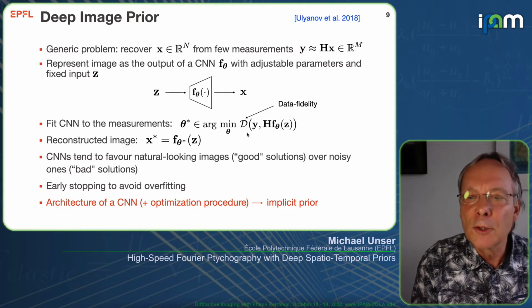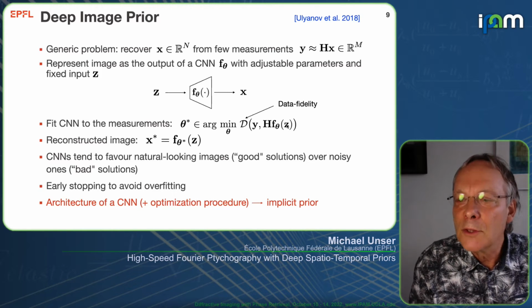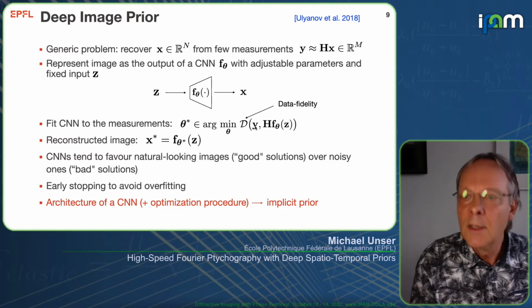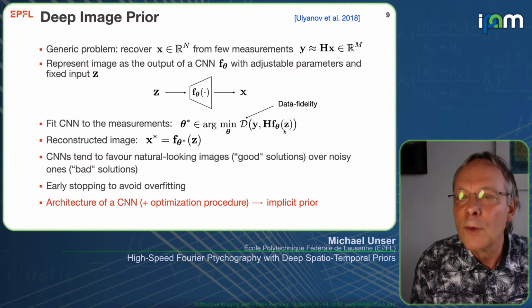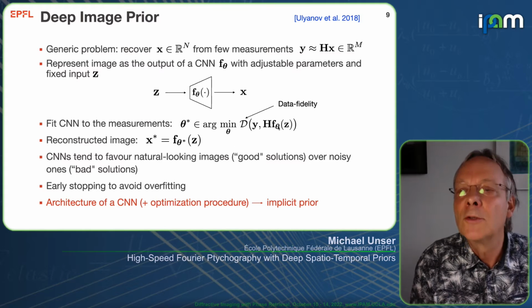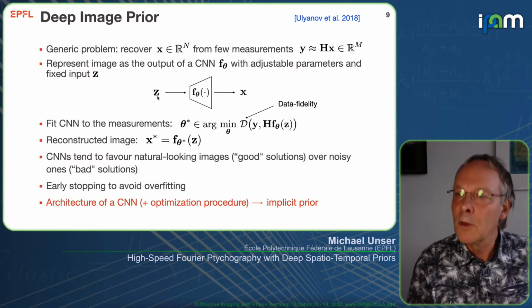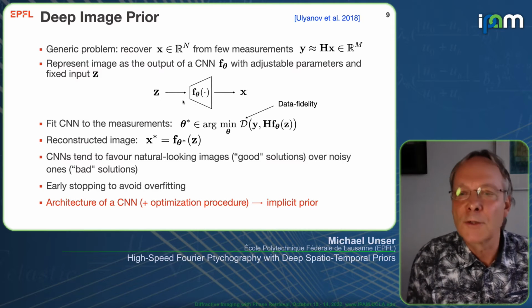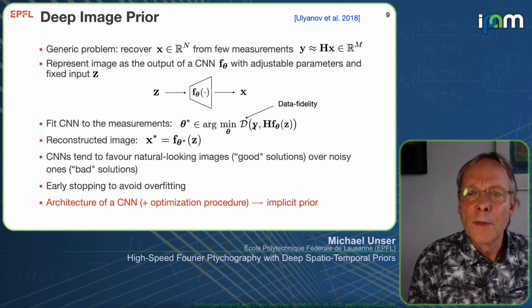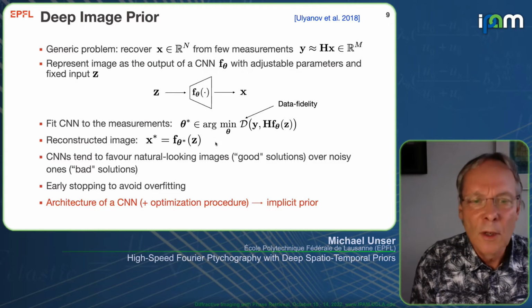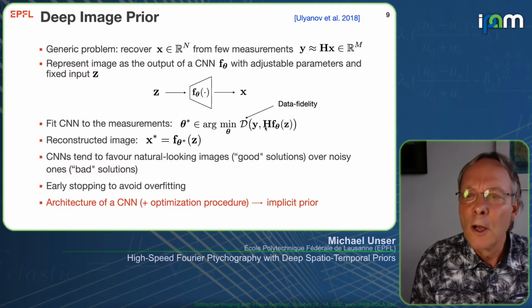So what you are going to do, starting from the z, is apply your neural network, and then apply the physics, and you want to obtain something that is faithful to the data. You train your neural network until what you generate from this fixed latent variable is as faithful as possible, in terms of the data fidelity function, to the measurements.